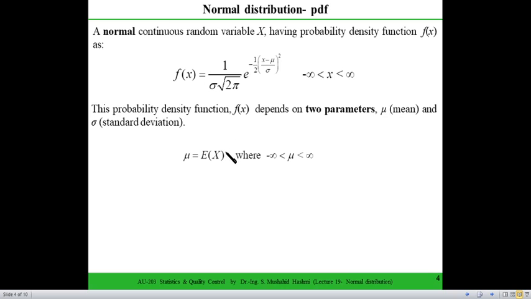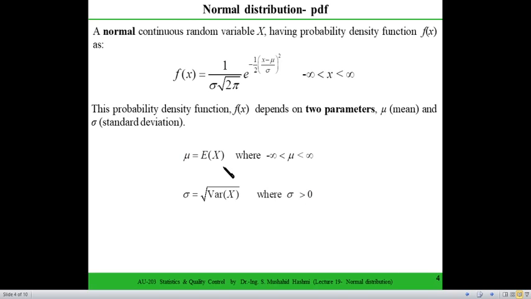As you know, x can take any value from minus infinity to plus infinity. If you calculate its expected value, it would be the mean of that distribution, and obviously the value of the mean can be plotted on a real number line.